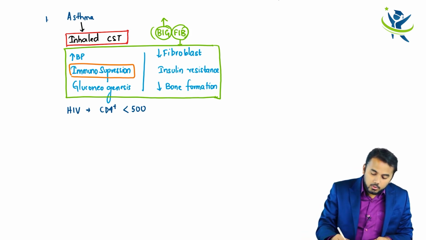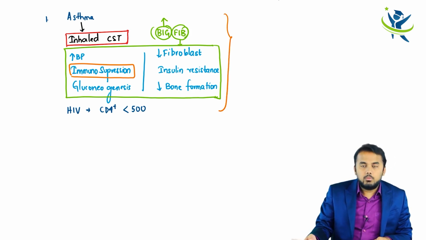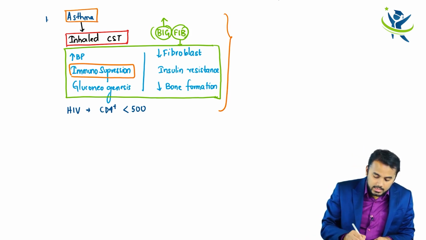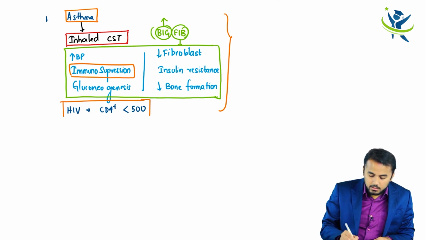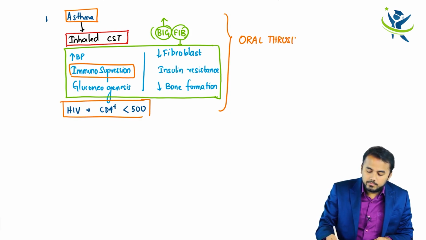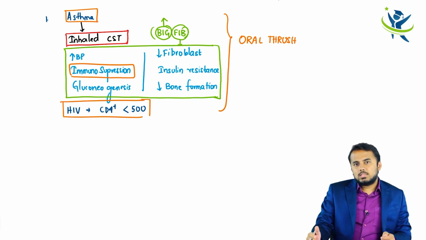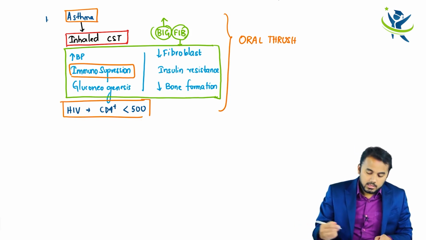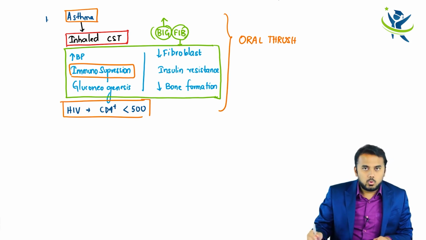So guys, in both these cases, one is asthma, another one is HIV, I am going to have oral thrush. How does an oral thrush look? What is the picture of an oral thrush? I will tell you at the end. Okay. So just for now, just remember the name, oral thrush.